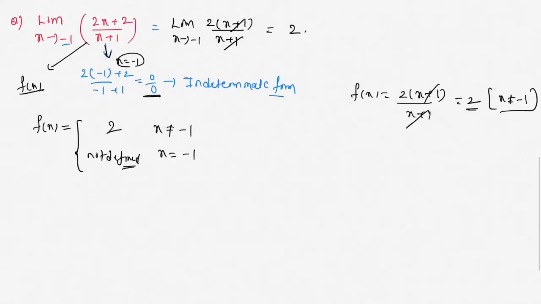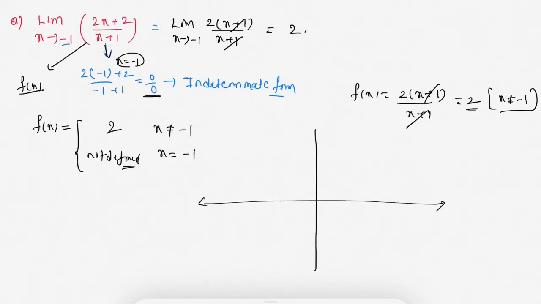If you draw the graph of f of x here, you can clearly see what changes are coming. So this is the graph I am taking. f of x equal to 2 at any value other than x equal to minus 1. Suppose 0, 1, 2, 3, 4, minus 1, minus 2, minus 3, minus 4.